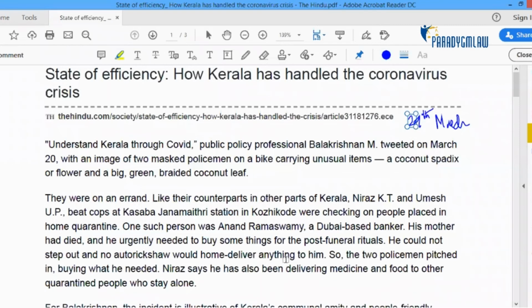Let's look at a newspaper article from the 29th of March. And this is also talking about how Kerala has handled the coronavirus crisis. Now, this is supplementary reading to our main article from the India Today magazine. This is from the Hindu, the newspaper.